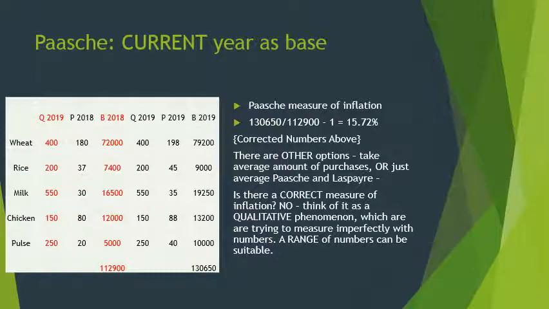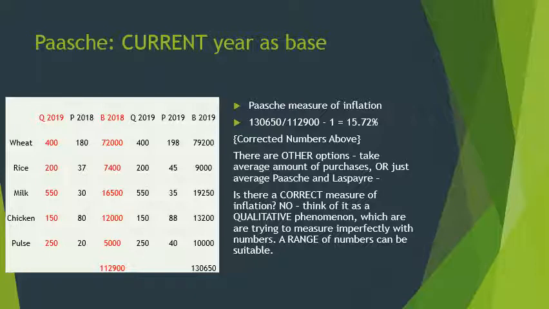Instead of fixing the last year's quantity, we can fix the quantities at the current year values. So here, this is the Paasche computation. Now we take the quantities in 2019 and we overwrite the 2018 ones. Instead of the actual quantities purchased, we replace the quantities by the current year purchased quantities.